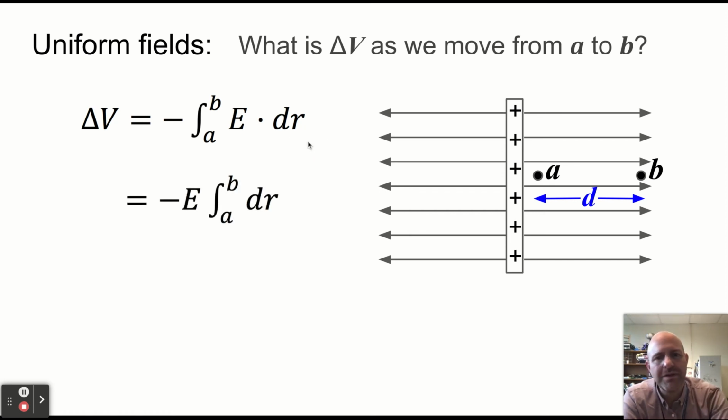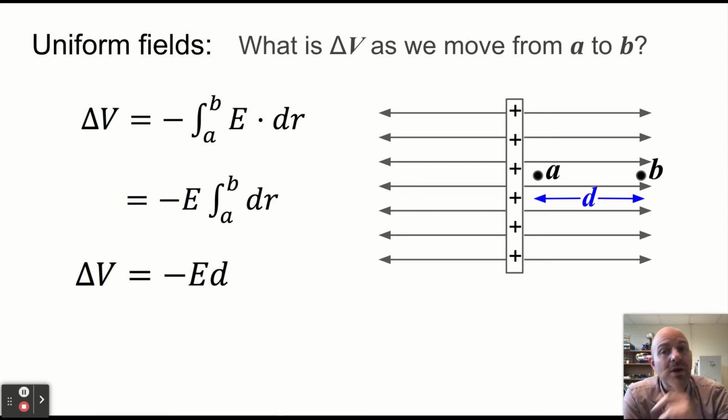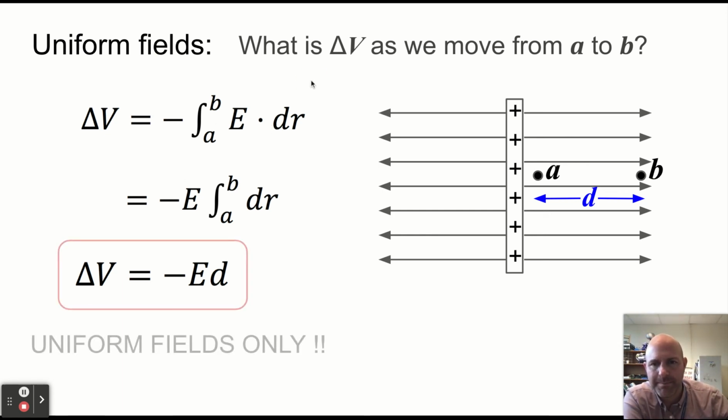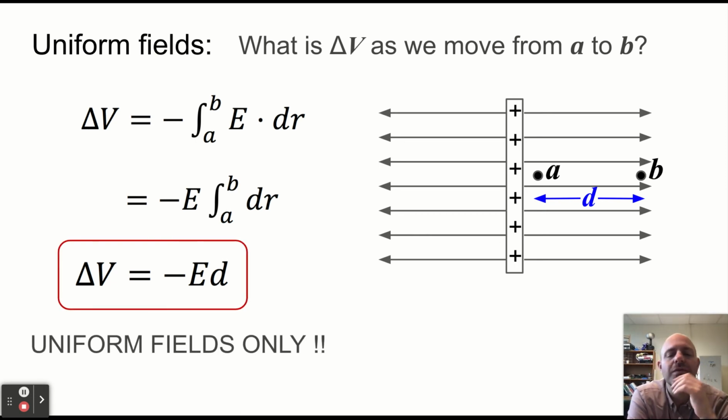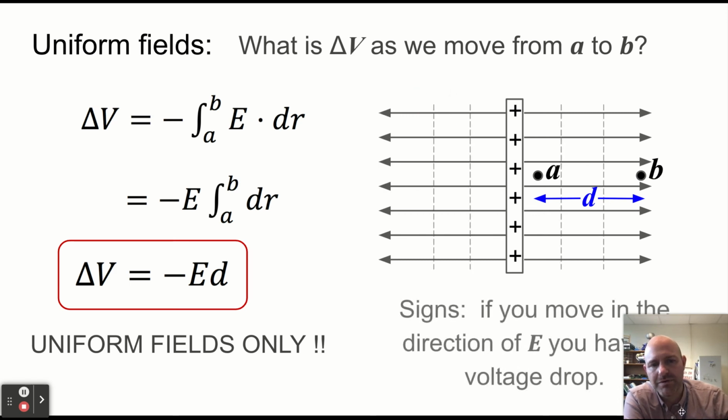Well, the electric field is a constant. So we're just integrating over a little bit of distance, and that ends up just being the distance. So for a uniform field, the change in potential is the negative of the electric field times the distance you travel along it. This is when you're going with the electric field in a nice uniform electric field. You have to be careful there, but that works very nicely. And again, this works for uniform fields only. The previous formula is for everything, which is always important to remember.